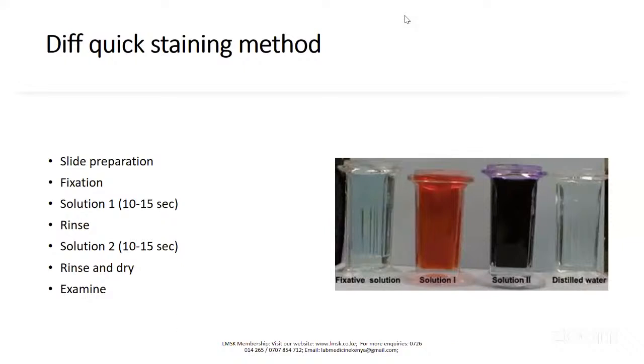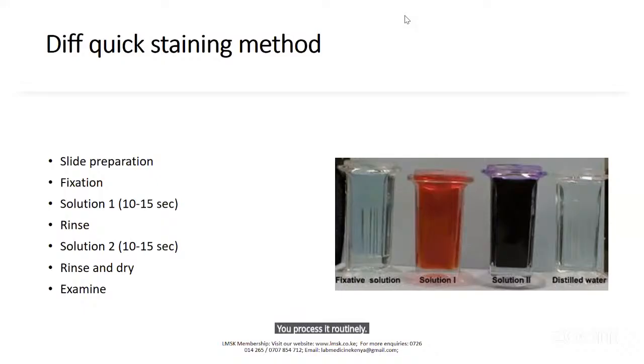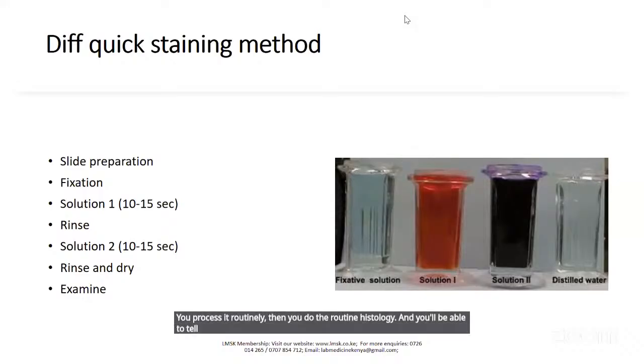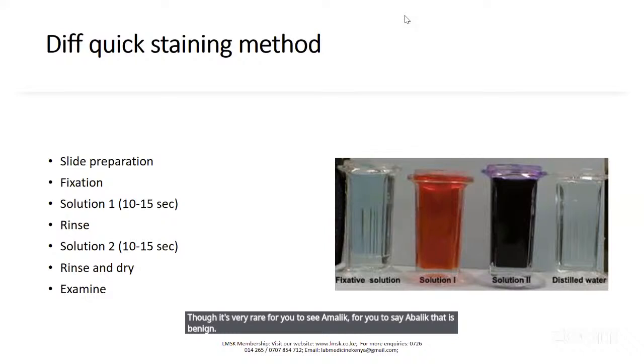Routine histology will help, because once you are done with the frozen section, there's that remaining biopsy. You process it routinely, then you do the routine histology, and you'll be able to tell. Though it's very rare for you to say a malignant is benign.